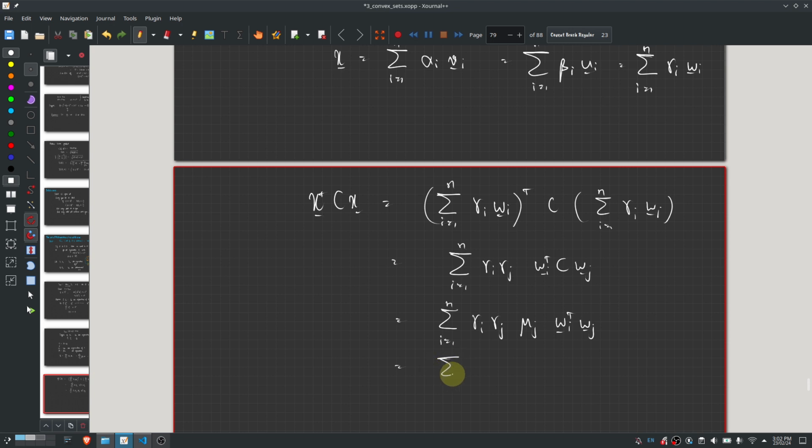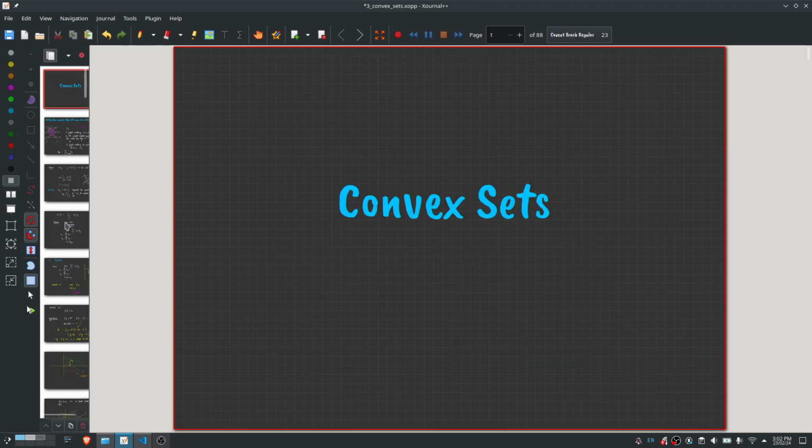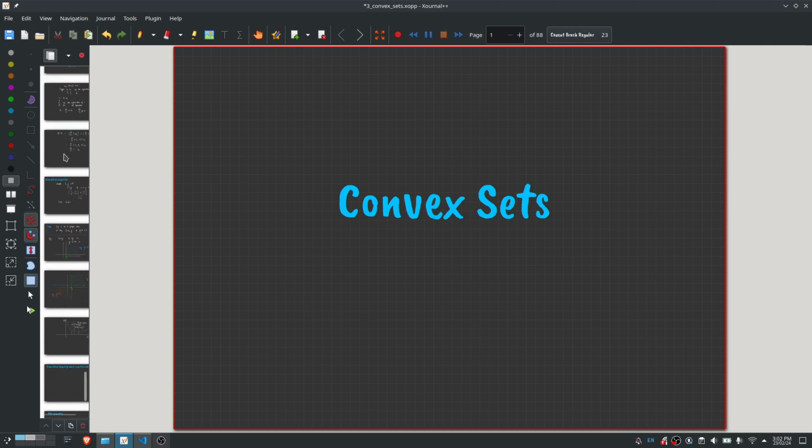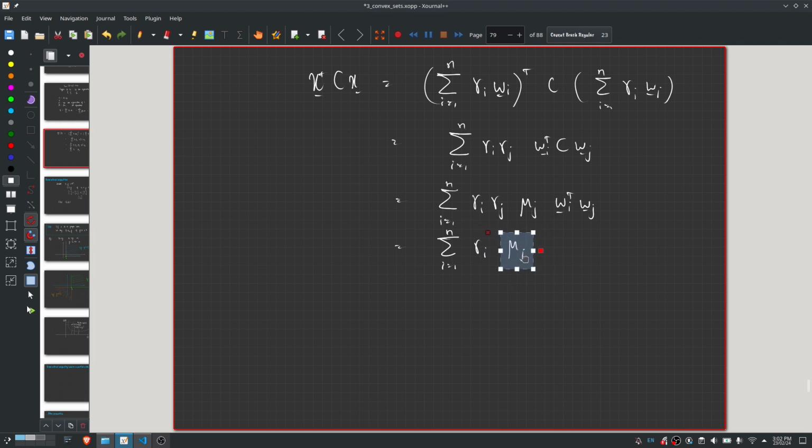So this just gives me summation I equal to 1 to n gamma I gamma j mu j, or in other words, since I equals j, it is just gamma I square mu I. So in general, if you have a symmetric matrix C, any x transpose Cx is basically equal to summation I equal to 1 to n gamma I square times mu I, the corresponding eigenvalues.